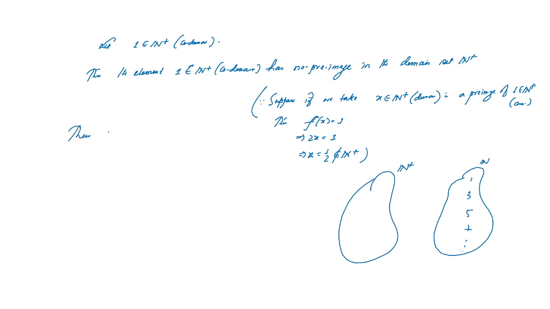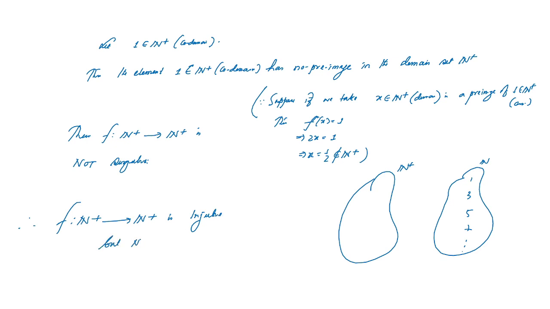And thus we can conclude that the map from N plus to N plus is not surjective. So what we proved here is that the map from N plus to N plus is injective but not surjective.